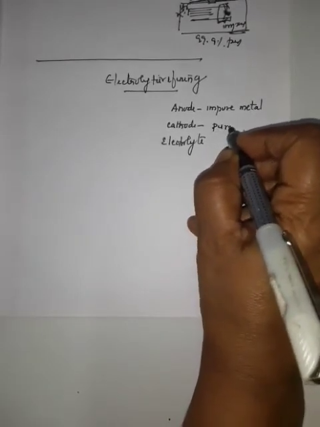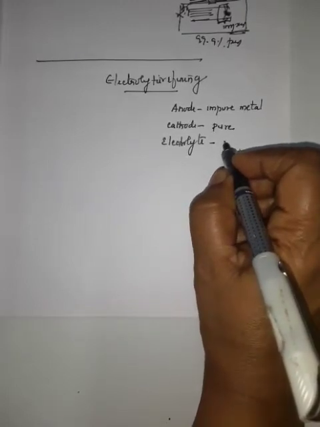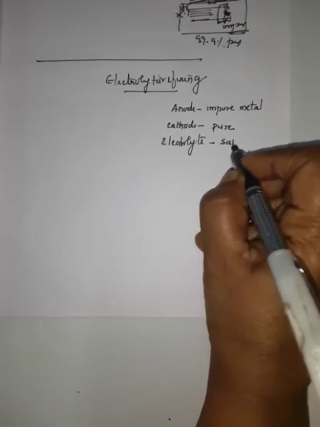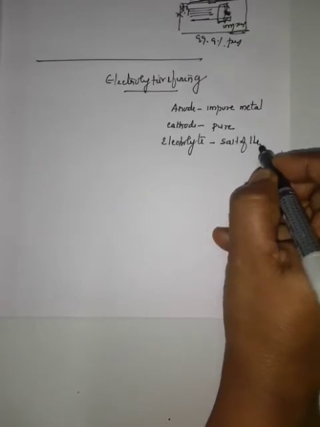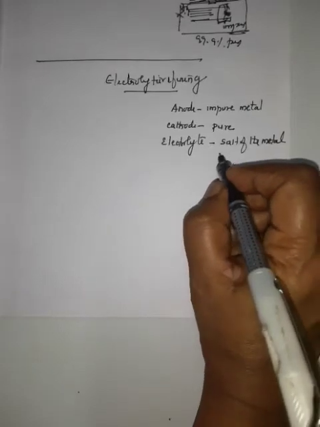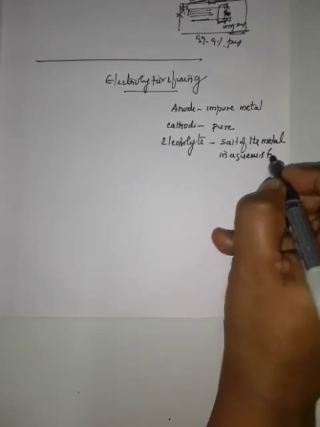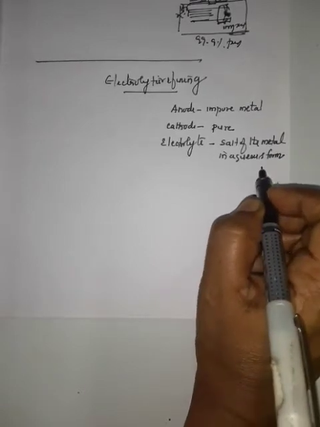Cathode is the pure metal. Then electrolyte is the salt of the metal, in aqueous form.